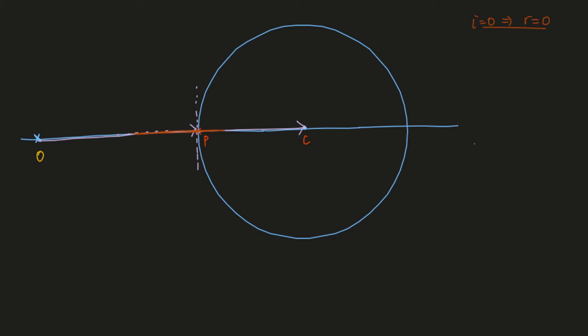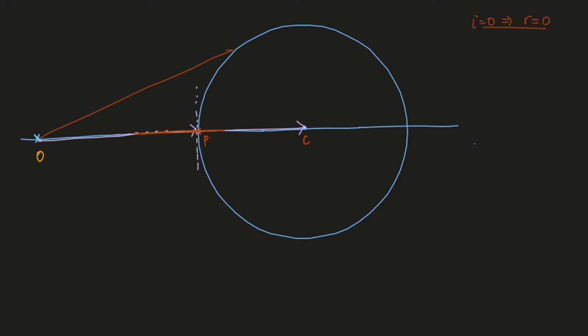Now let us take a ray that is slightly above the principal axis. So let's say it goes something like this. This is the second ray that we are taking. Oops, I accidentally deleted everything, sorry.